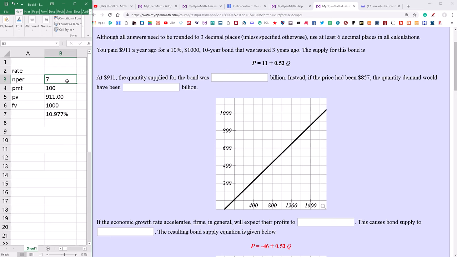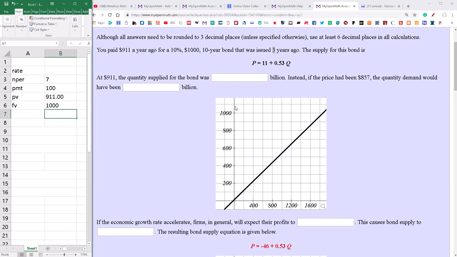So again, we bought this 10-year bond after 3 annual coupon payments were made. So we have 7 payments left. Cool. All right, I'll go ahead and delete that too.